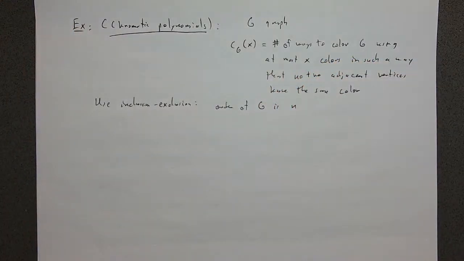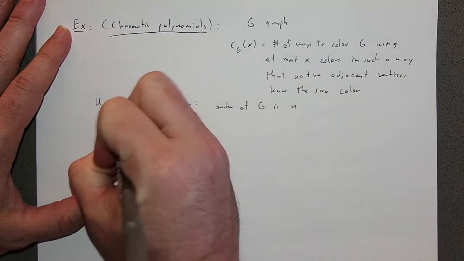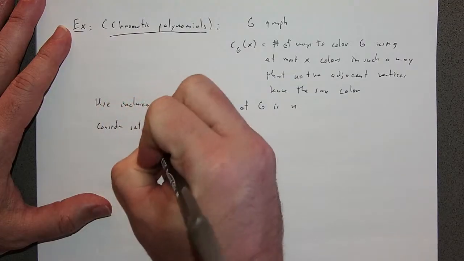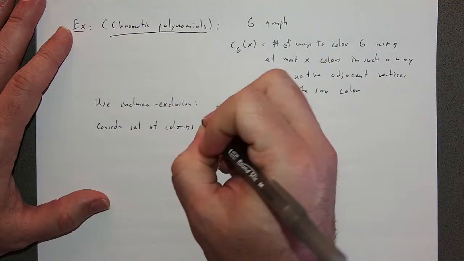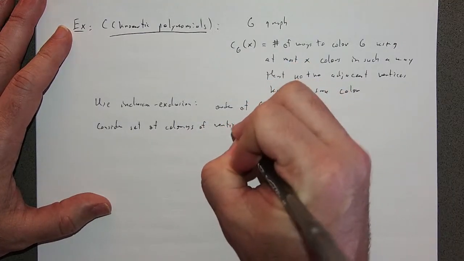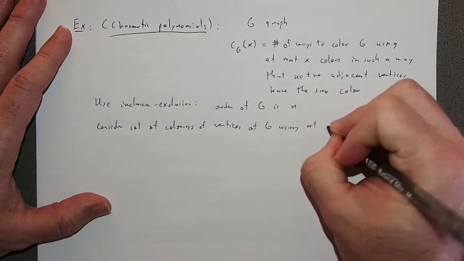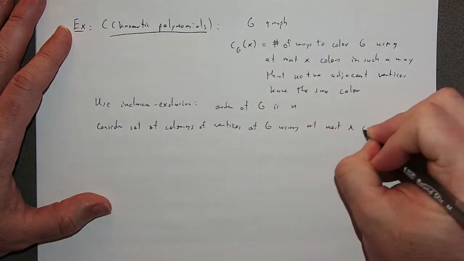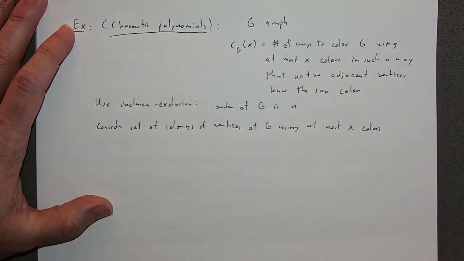Consider the set of colorings of vertices of G using at most x colors.